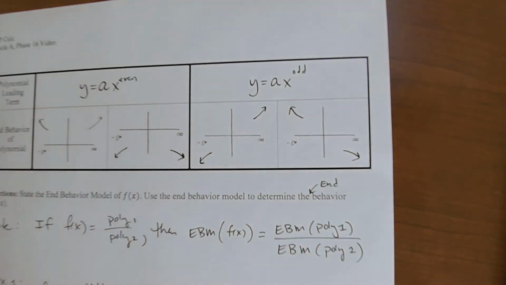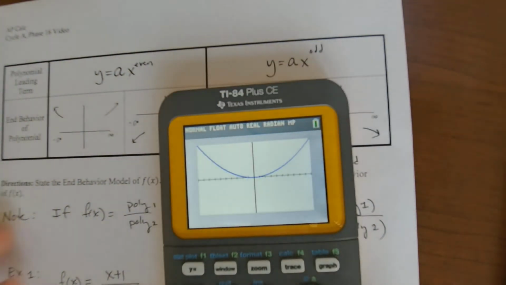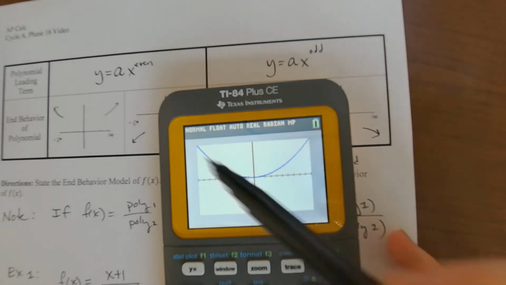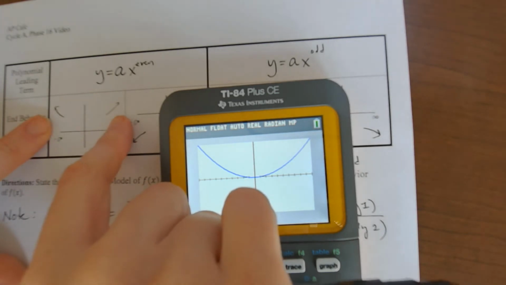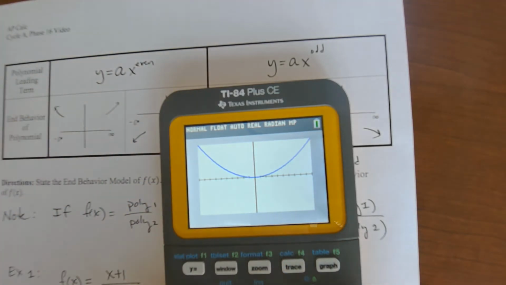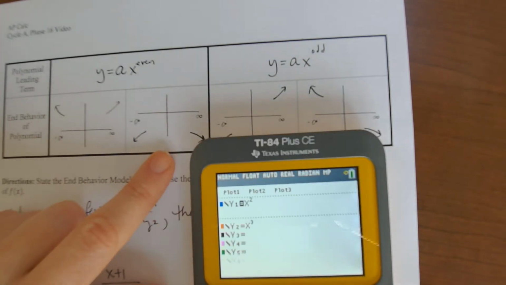I typed into the calculator, for example, x squared. That has an even exponent, so that's why it goes like this at the ends. Any even power would do the same thing at the ends if the leading term had an even exponent. And then x to the third.